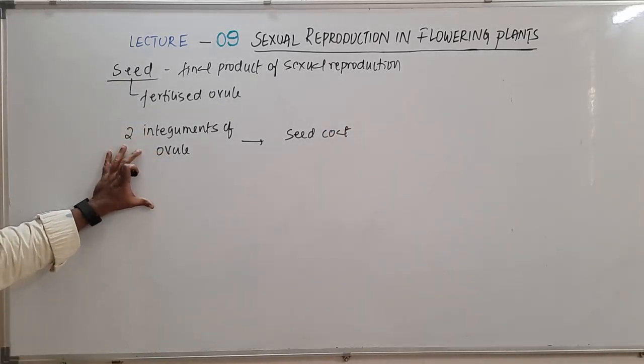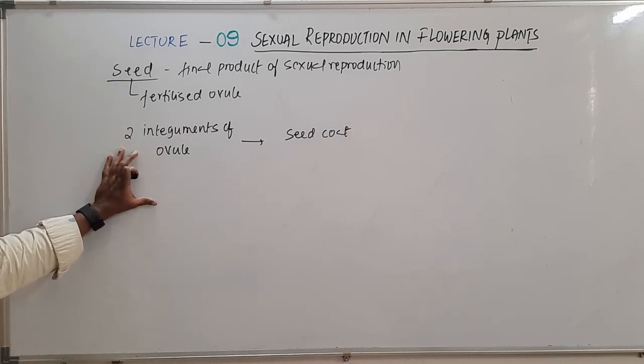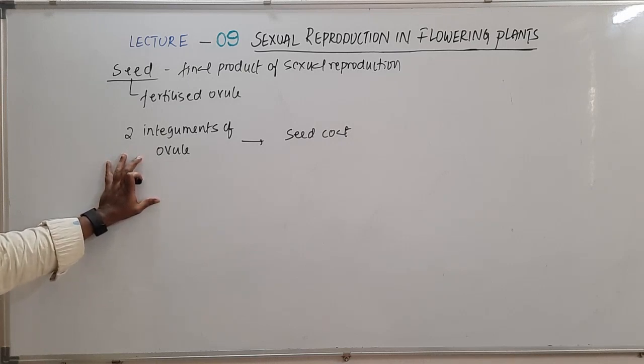There is an outer integument and an inner integument. So recall the structure of the ovule: it is covered by two integuments, which I mentioned as bitegmic, and those will develop into the seed coat.